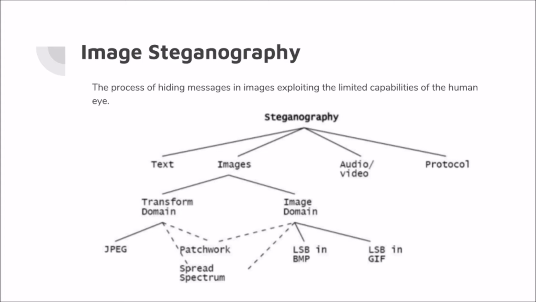Within the images portion of steganography, we have a transform domain and an image domain. Transform domain is where you actually shift, not the bits, but the distances between the image file, like a JPEG. And the image domain is where you would find the least significant bit shifts within bitmaps and GIFs.